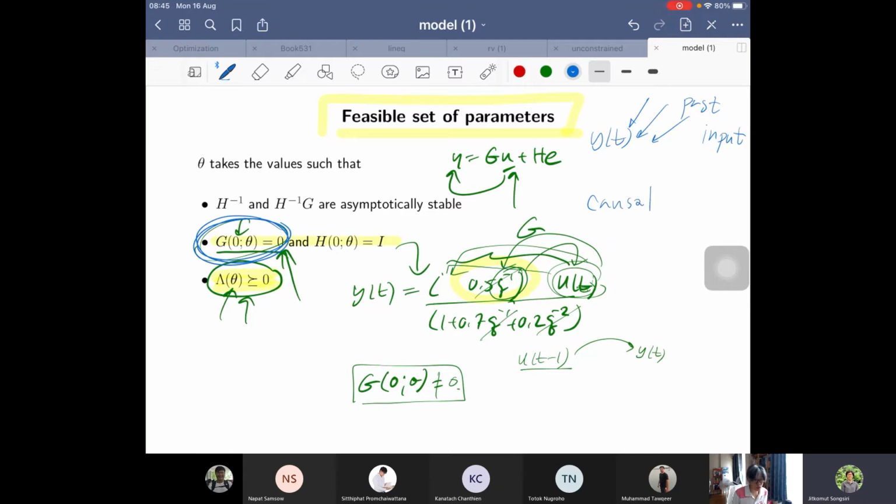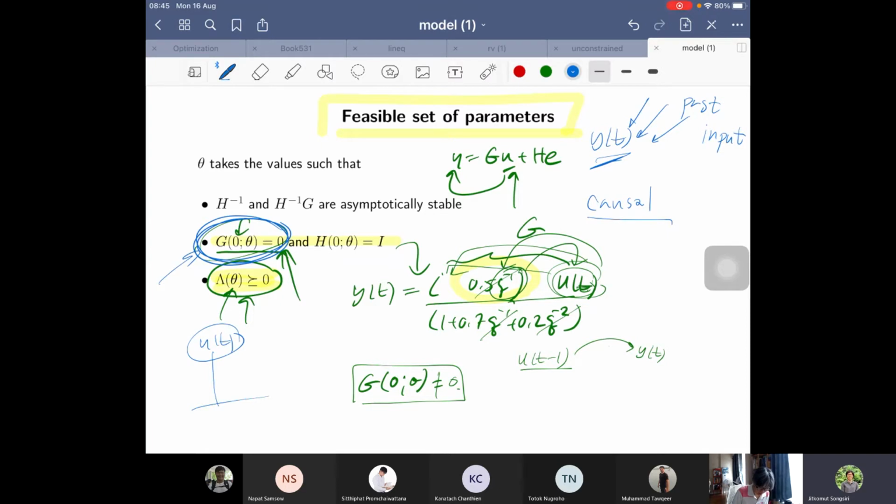As soon as you present u_t, your y_t doesn't have a response from the instant input, but it must be from the input in the history, one step before, two steps before. Okay, that's a condition that represents a causal system.